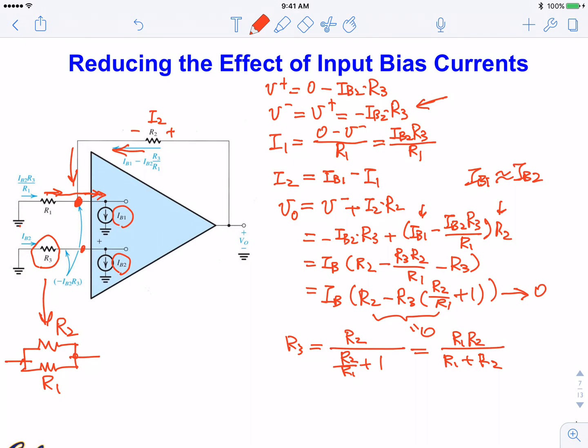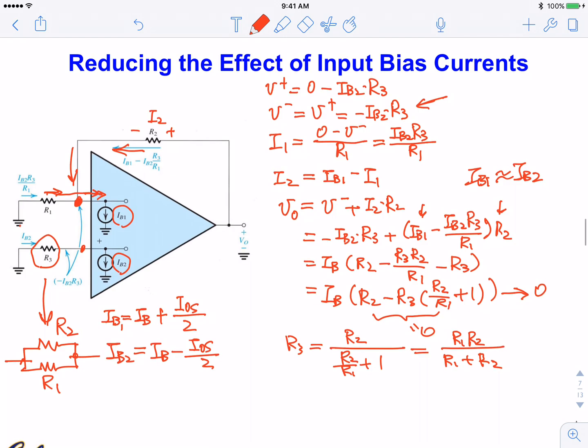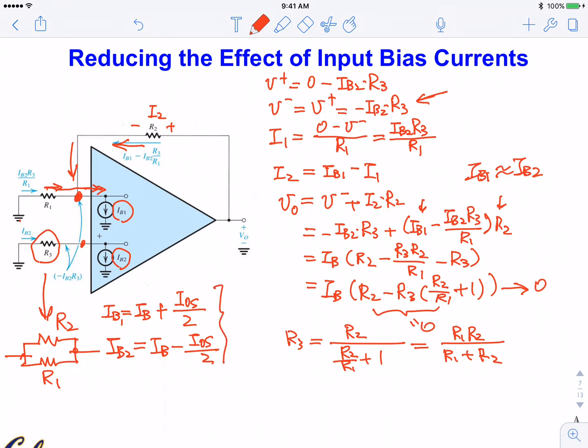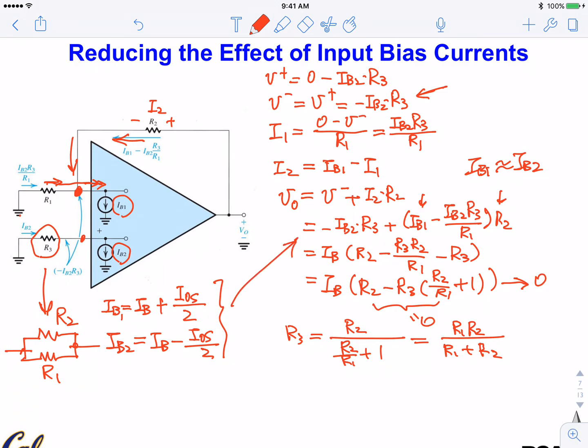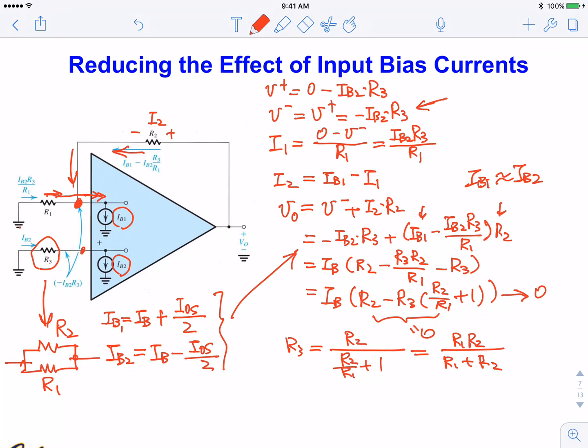You remember that IB1 is equal to IB plus offset divided by 2, and IB2 is equal to IB minus offset divided by 2. So now we keep track of their difference, 10% difference. And then you plug it back into the original equation here without assuming IB1 equal to IB2, okay?